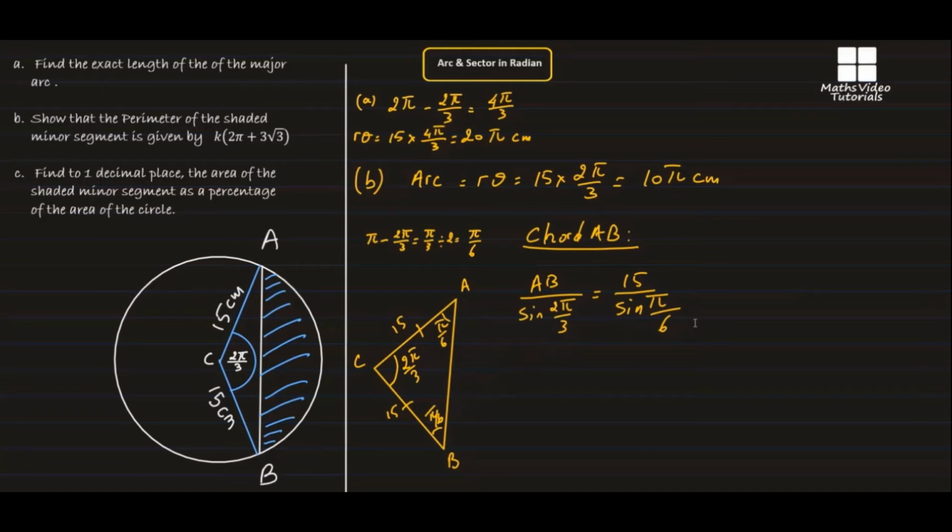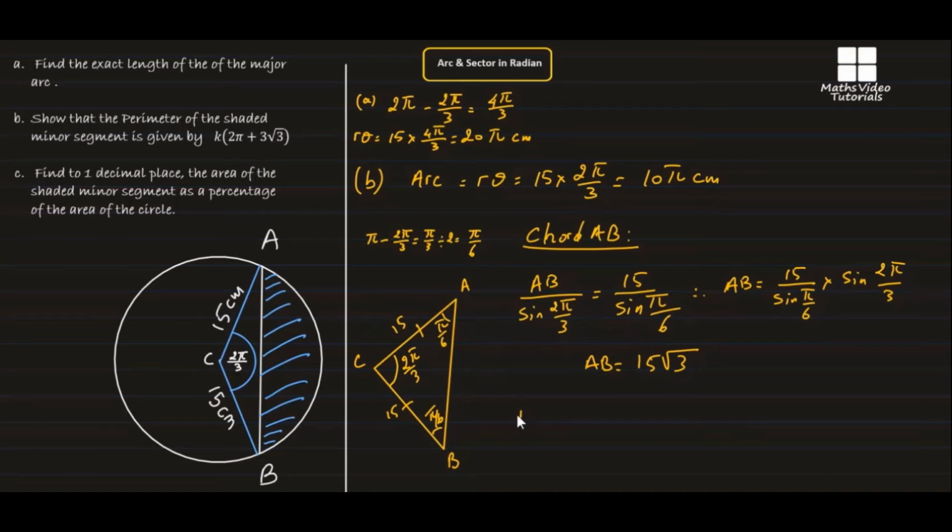And making AB the subject will give us 15 over sine pi over 6 times sine 2 pi over 3. Now you can plug all these calculations into the calculator, making sure your calculator is set to radian. You will get the exact value. So the calculator will give you the exact value, and that's what we need, 15 root 3.